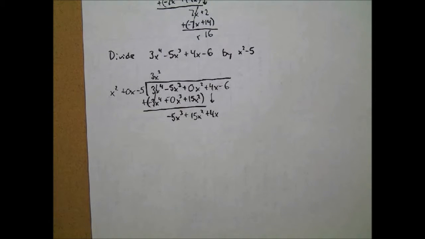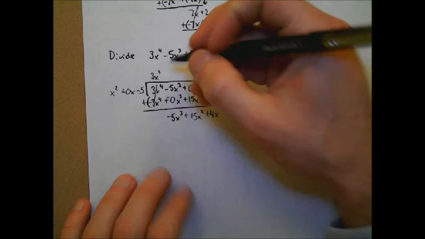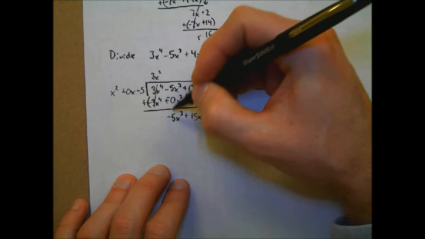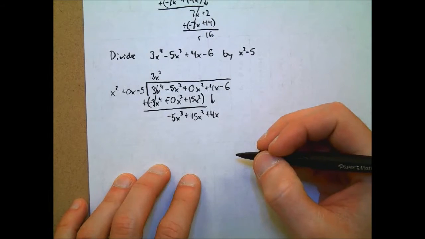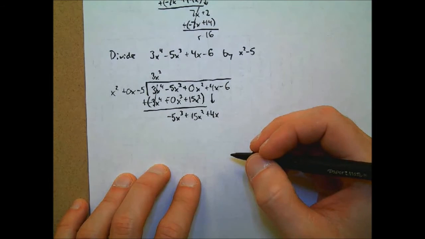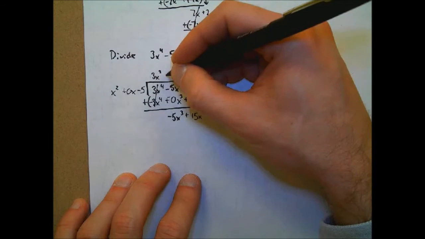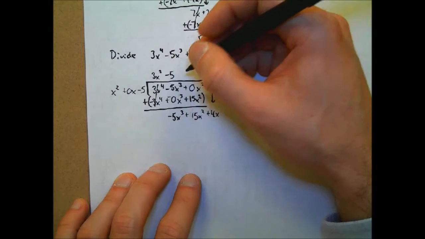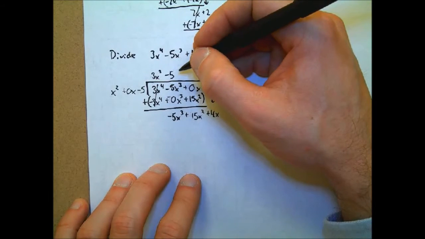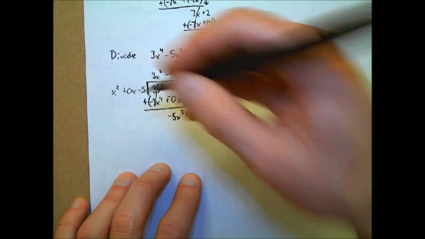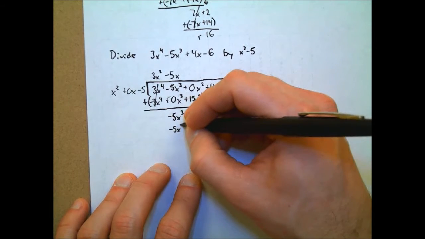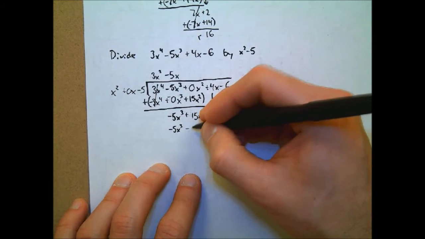Repeat. What times x squared gives us a negative 5x cubed? Negative 5 what? X. Negative 5x times x squared gives us negative 5x to the third. Negative 5x times 0 is negative 5x squared.